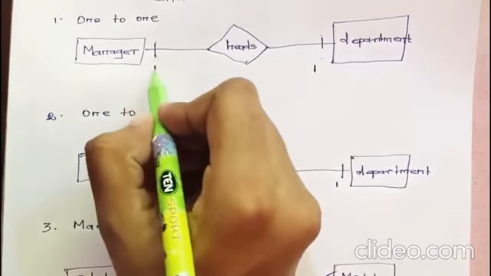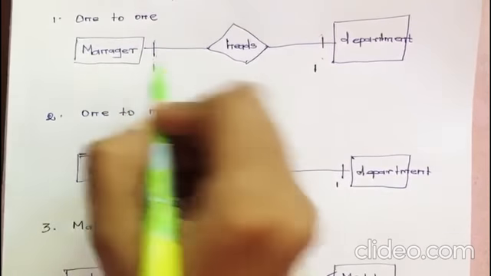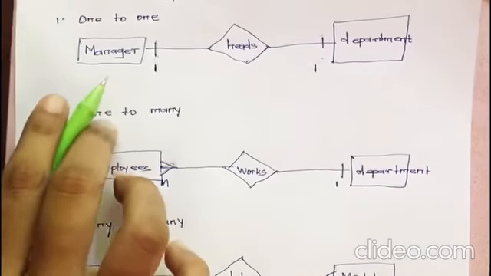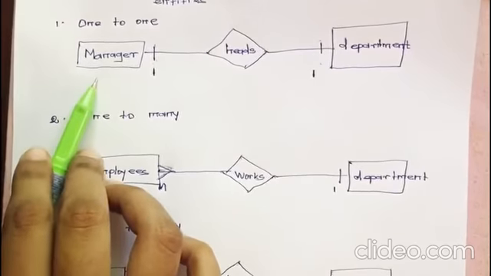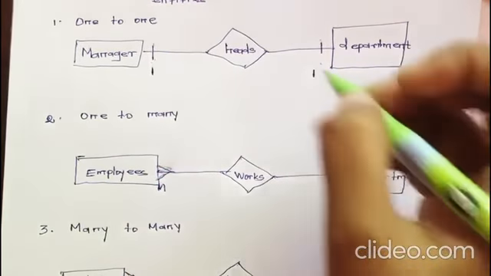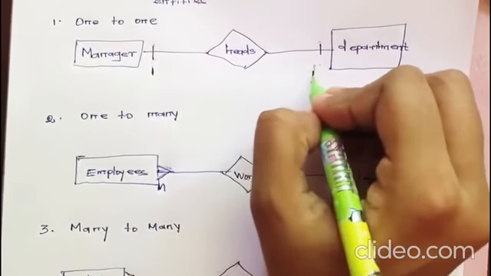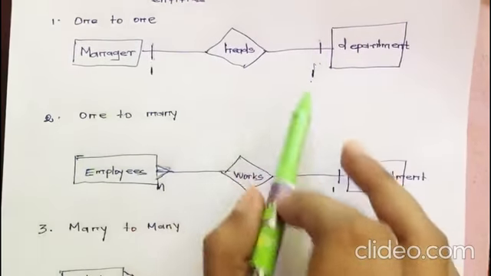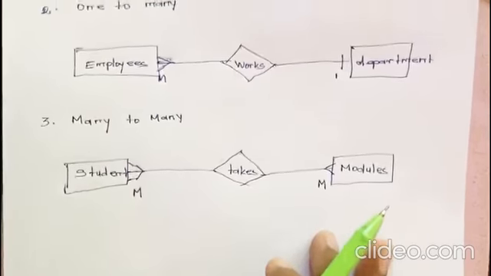So we can put 1 here. If we see from this side, if it is a manager, he can head only one department. So from that side also we have 1. So it's a one-to-one relationship.